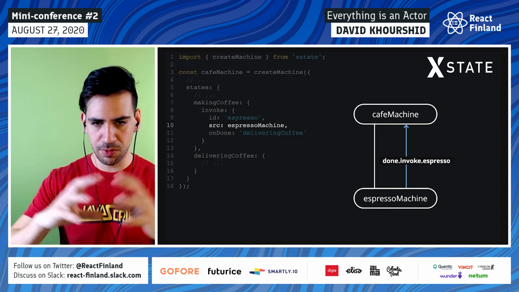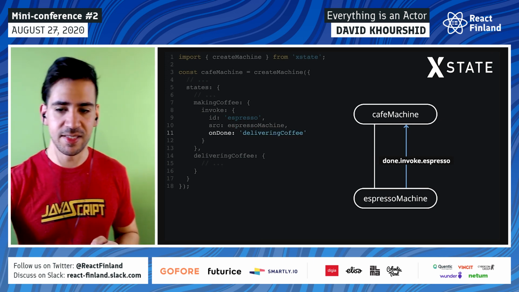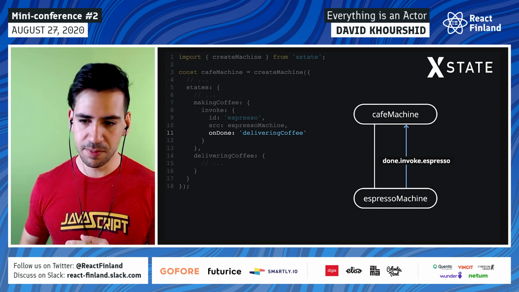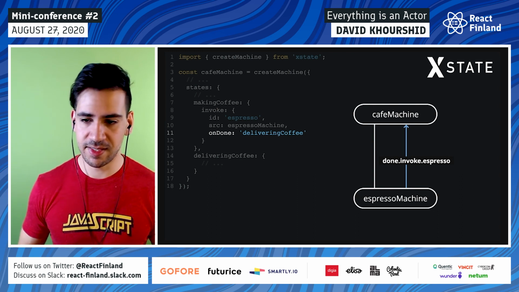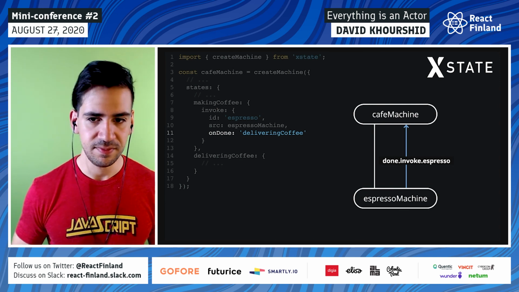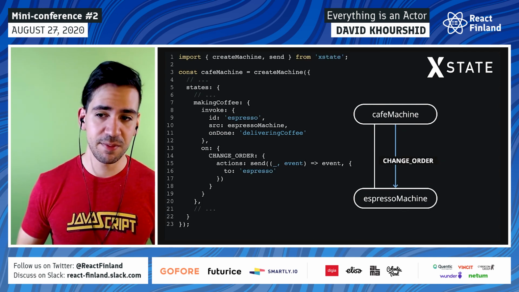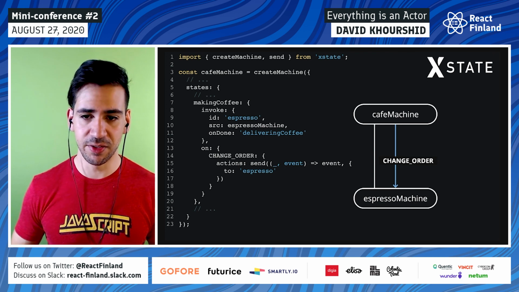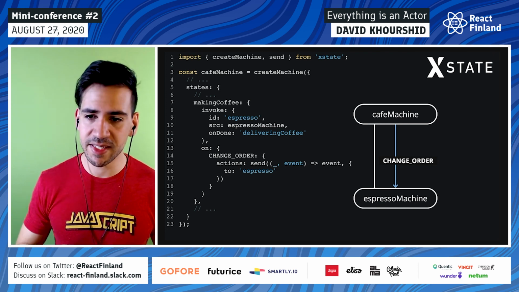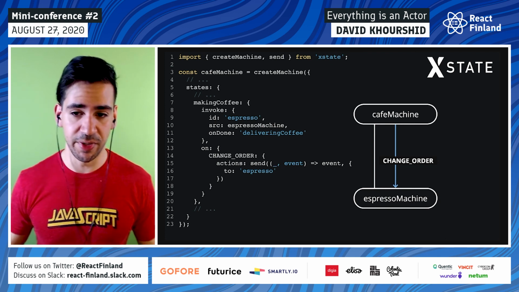If you're wondering why it's named that way, this syntax for that done invoke message is defined in the SCXML spec itself, which XState adheres to. So now, because the cafe machine has a reference to the invoked actor, because it invoked it, it can send events to it.